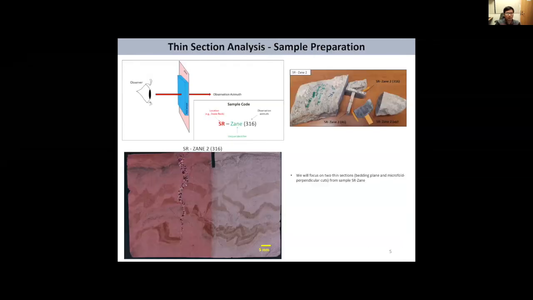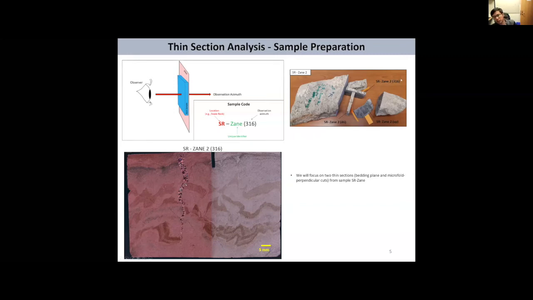Thin section analysis. We collected a lot of samples, and some of them are oriented in the sense that we know exactly where the north is, and we also know the top of the bed. For each of these samples, we cut three-dimensional thin sections, and then we assign a code.